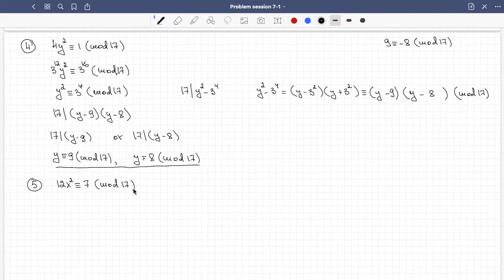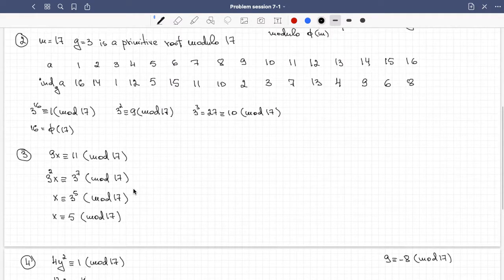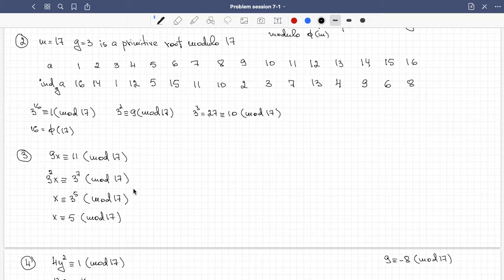We do the same thing again. Let us go here to the table of indices, which helps us to solve these problems easily. 12 is 3 to the 13, and 7, which we will need, is 3 to the 11.